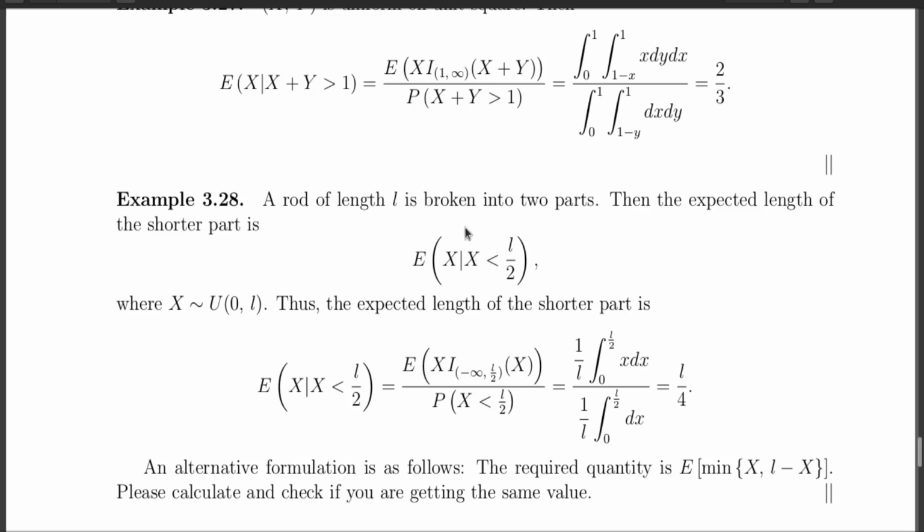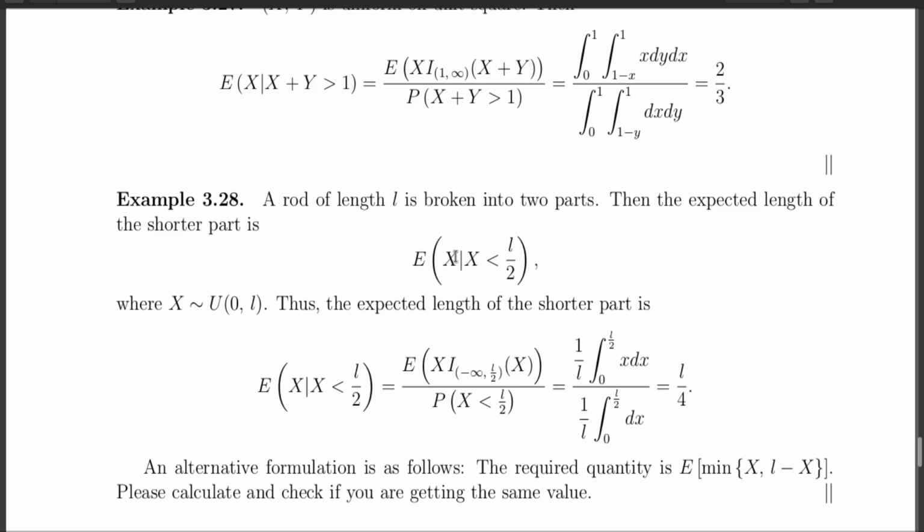As I said, if I break a rod of length L into two parts, then the shorter part has to have a length less than L by 2. So the expected length of the shorter part is basically the expectation of X given that X is less than L by 2.